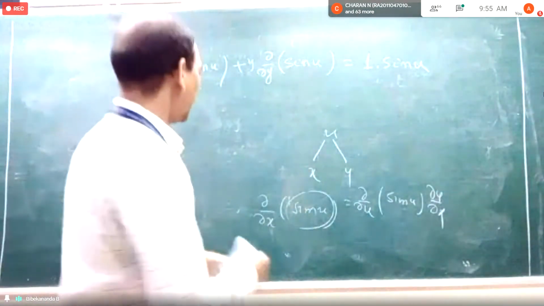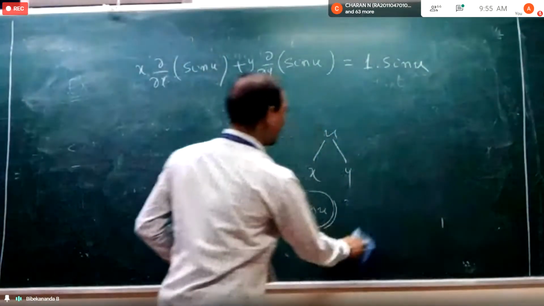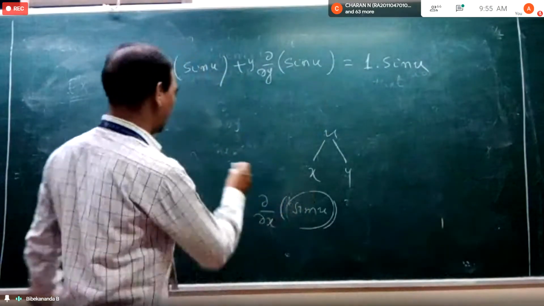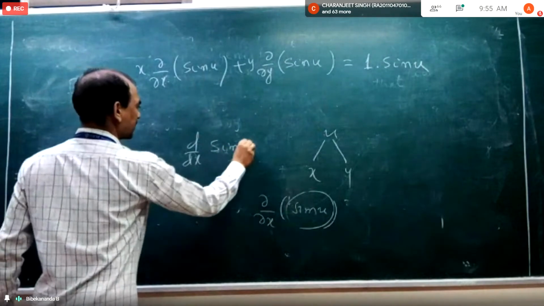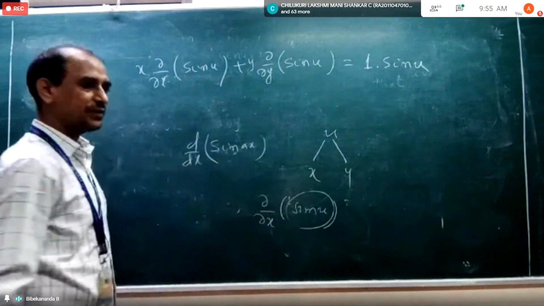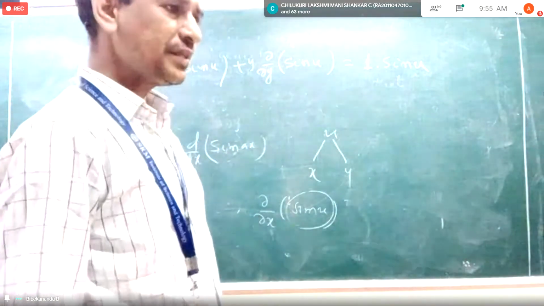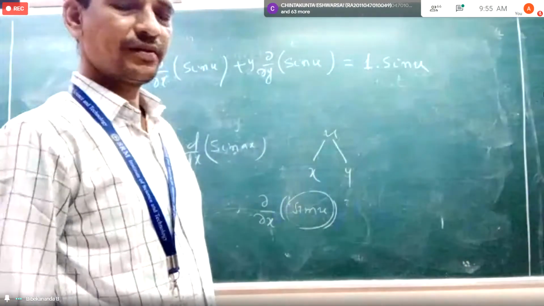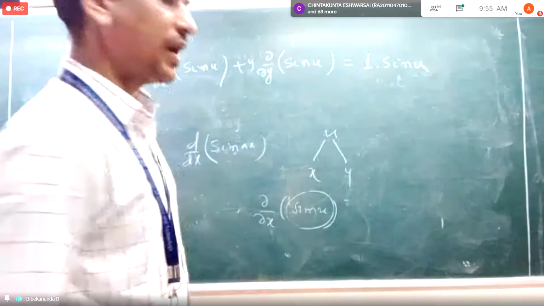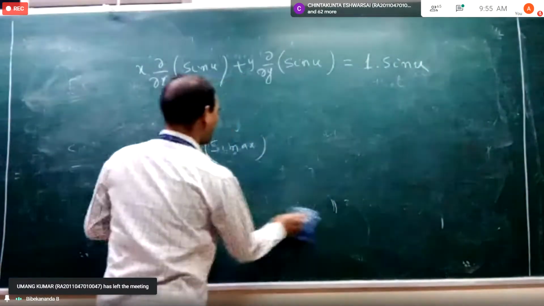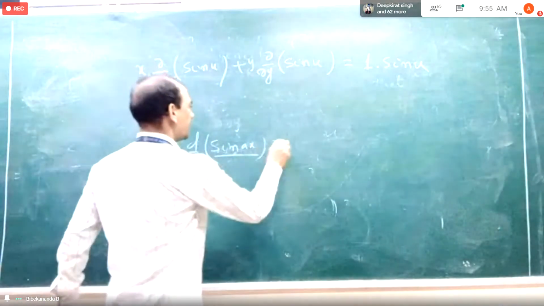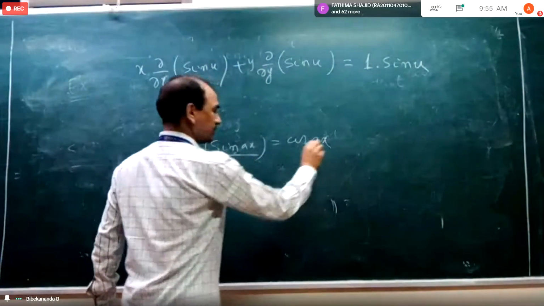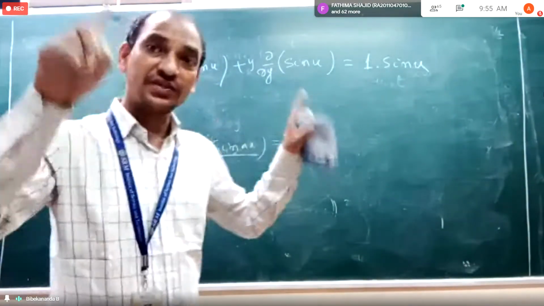So now a simple example I am giving: d by dx of sin ax. What is the answer? Then it will be clear. Cos ax into a, a cos ax. What are you doing? First you are finding the derivative of sine, which is cos ax. Derivative of sine ax is cos ax.